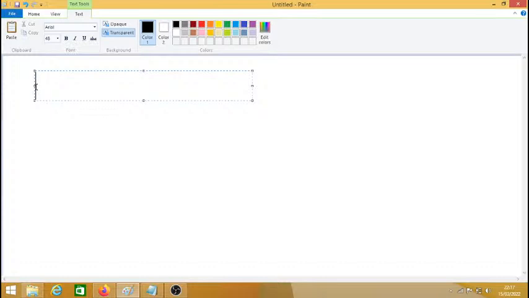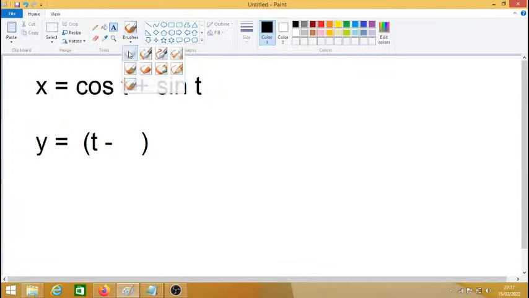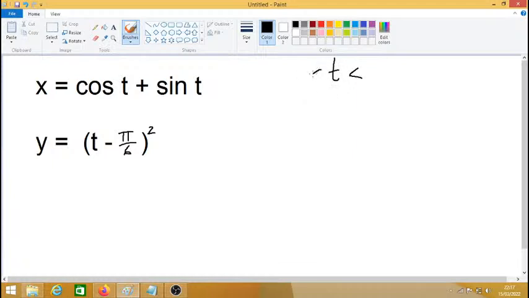Let's take a look at today's equations. The x equation is x is equal to cos t plus sine t. The y equation looks a bit more complicated. Y equals (t minus pi over 6) squared, and the conditions for t are t has to be between minus pi over 2 and 4 pi over 3.